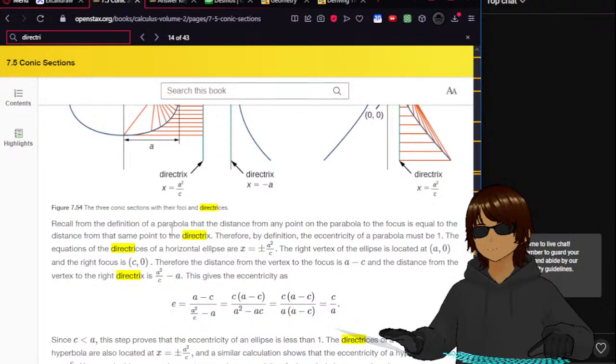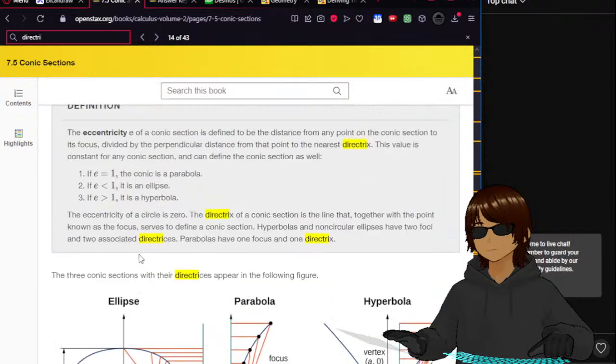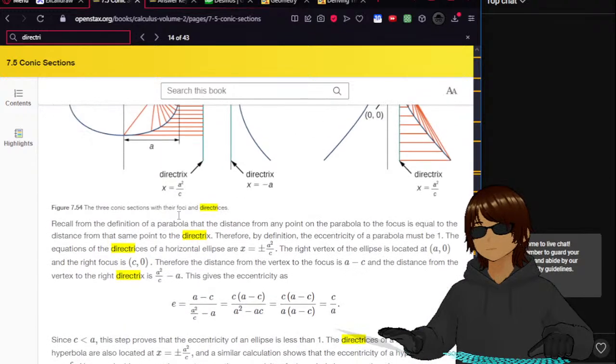Recall from the definition of a parabola that the distance from any point on a parabola to the focus is equal to the distance from the same point to the directrix. So by definition, e is equal to 1. Therefore, by definition, the eccentricity of a parabola must be 1.